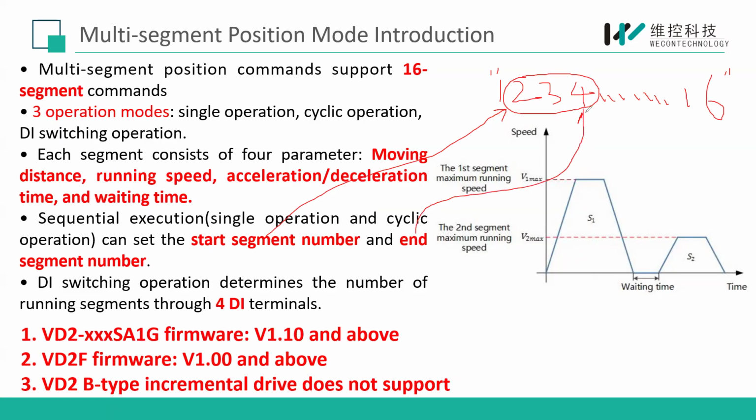So in this setting, when we run the single operation, our servo, our motor will run segment 2, segment 3, and segment 4, and then stop. This is single operation.